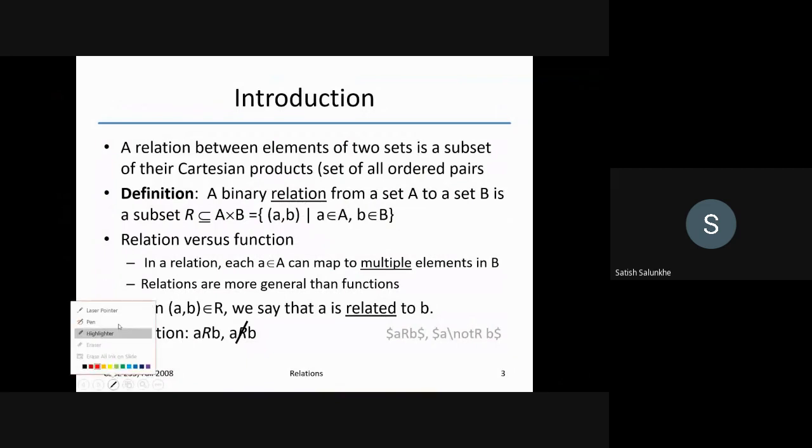We just concluded that a binary relation from set A to set B, R, is a subset of A cross B. It is the collection of all ordered pairs A comma B such that A belongs to set A and B belongs to set B, where set A is called the domain and set B is called the codomain. When we say A comma B belongs to R, we say that element A is related to element B, denoted A R B. When we say A comma B does not belong to R, that means A is not related to B. So just make a note of this.